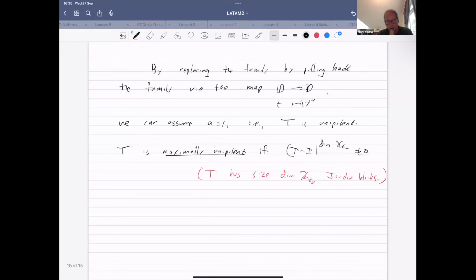And the observation that mirrors should be associated with maximally unipotent degenerations was quite early. So the philosophy is mirrors are not associated to individual Calabi-Yaus, but to maximally unipotent degenerations.